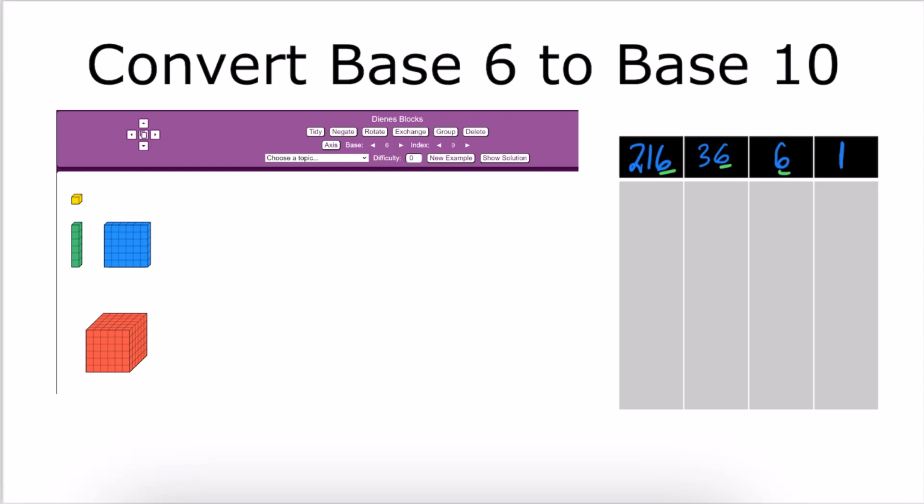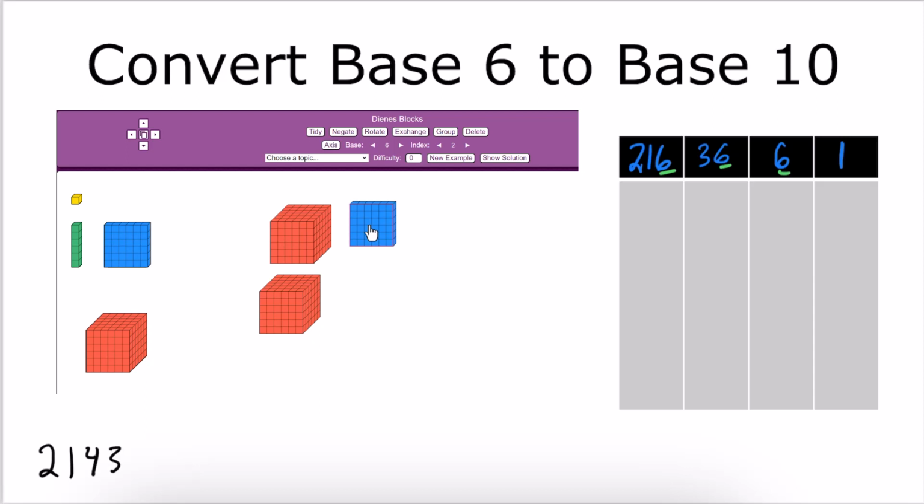But let's say that we had, I don't know, let's say that we have 2 of these red place values. So I'm going to draw pictures as I go. So let's say I have 2 of these. Let's say that I have 1 of these. And let's do 4 of the green and 3 of the ones. So this number, I'll represent it really quick.